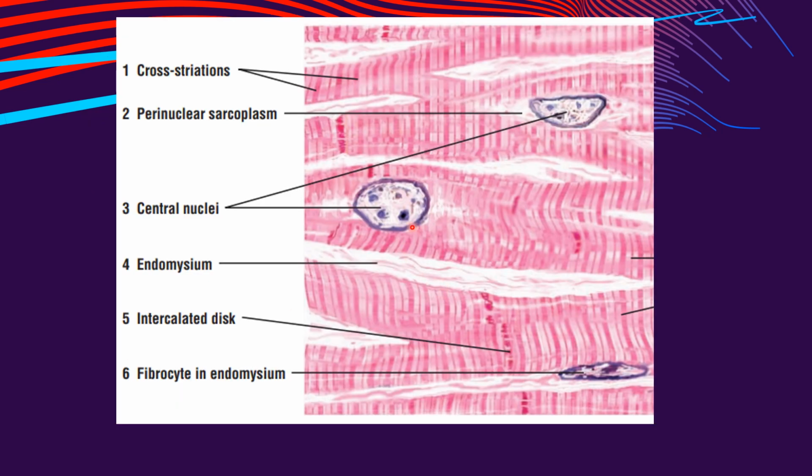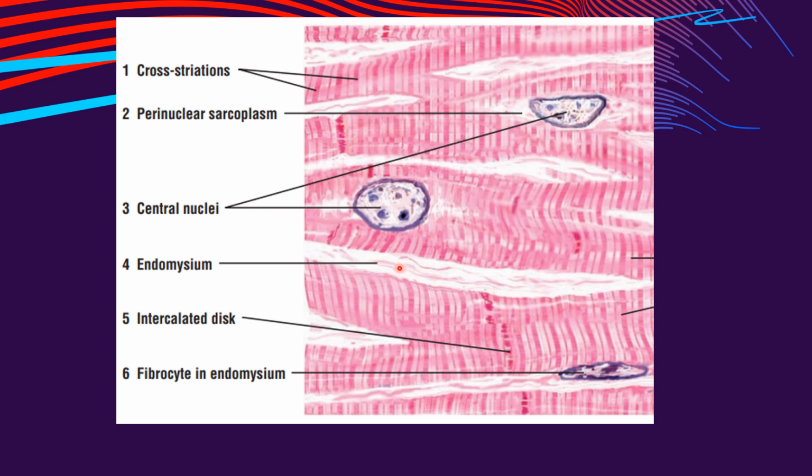Let's take a look. Here is an illustration of cardiac muscle. You have your intercalated disc, and the cross striations are still present. These are your cross striations. You have your intercalated disc here. This is your endomysium.